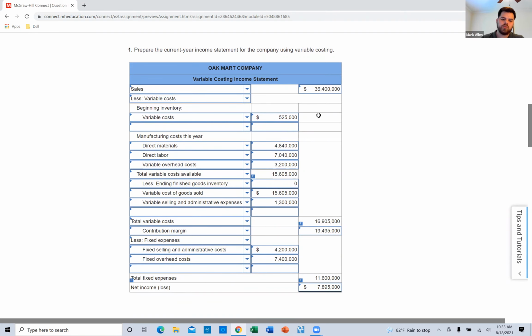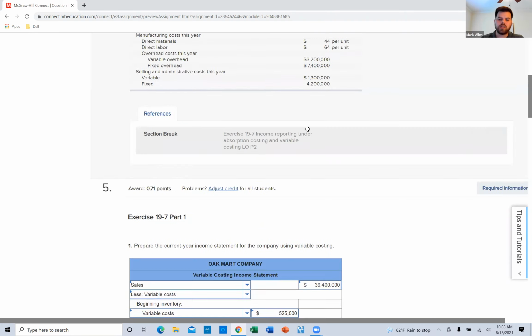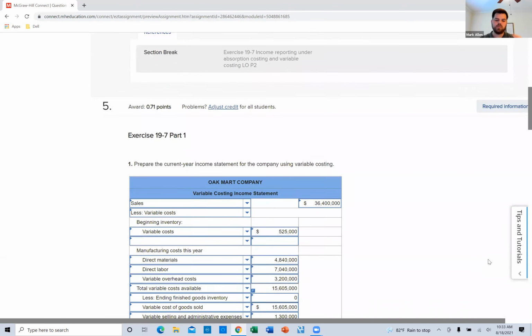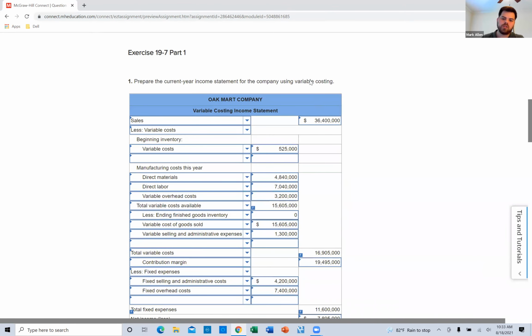For our sales, we simply take the number of units that we actually sold, in this case, 113,750 times our selling price of $320. Whenever I take 113,750 times 320, I come out to $36,400,000, and that is what we see here. So we've now taken care of our top number.